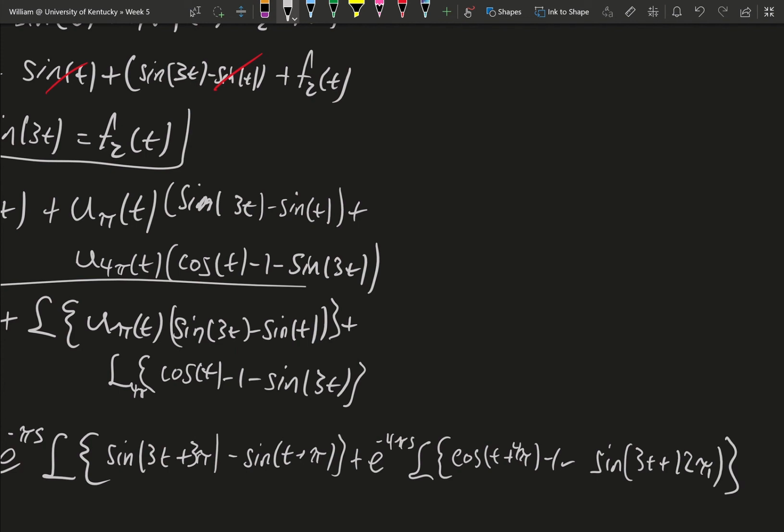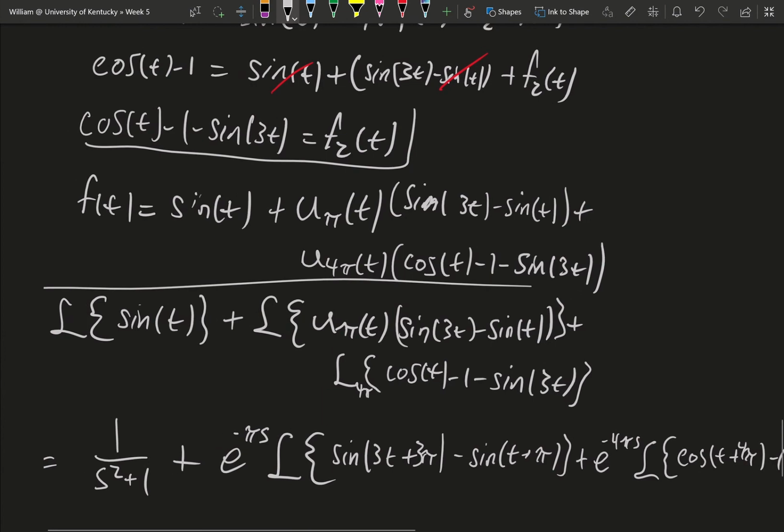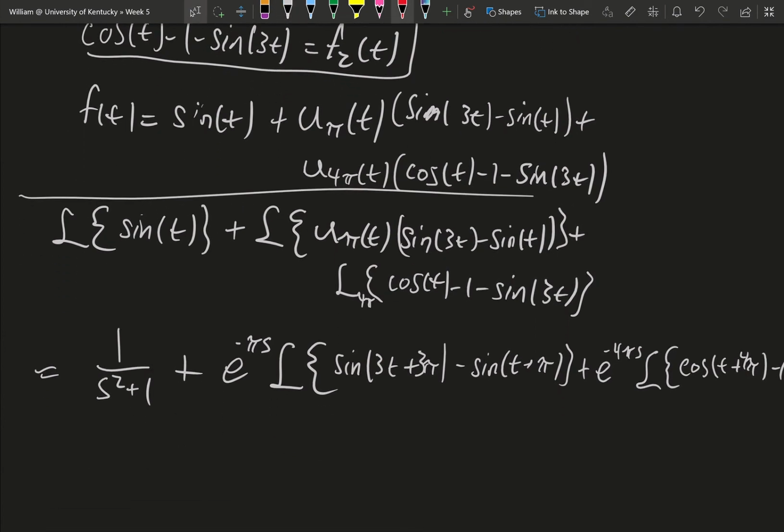Okay, so there's a couple things to note here. If I have sine of anything and I add a pi, if you think about what happens on the unit circle, I just get the negative. The same thing happens for cosine.